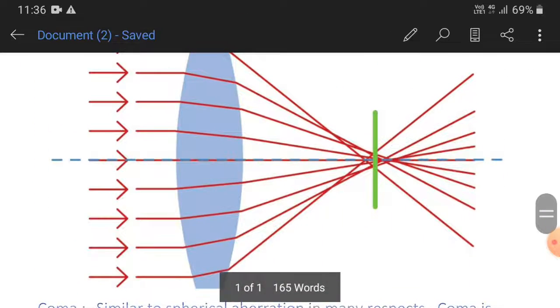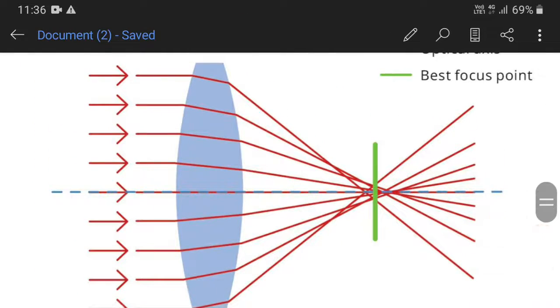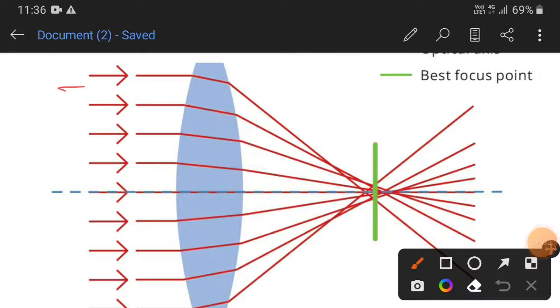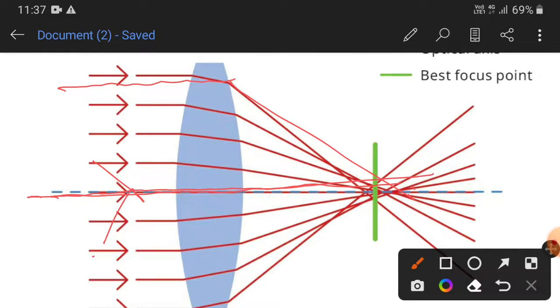So spherical aberration occurs when light rays passing through the periphery of the specimen are brought into a focus that is not exactly what we get when the rays pass through the center.